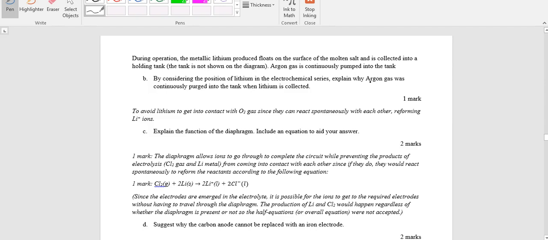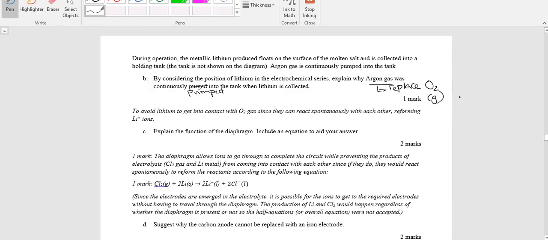If you see a gas, especially an inert gas being pumped, into anything, what you really should think of is that it is there to replace oxygen gas. And I think I did accept a few other answers, but ultimately the argon gas is there to replace oxygen gas, which is the most reactive gas in the air.